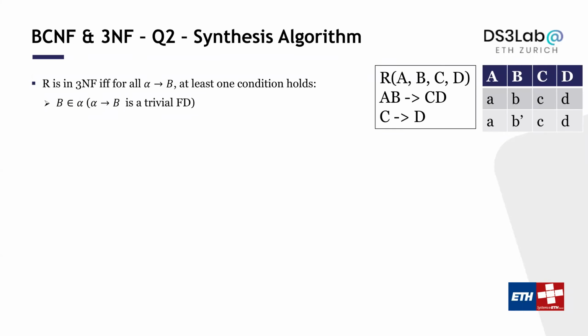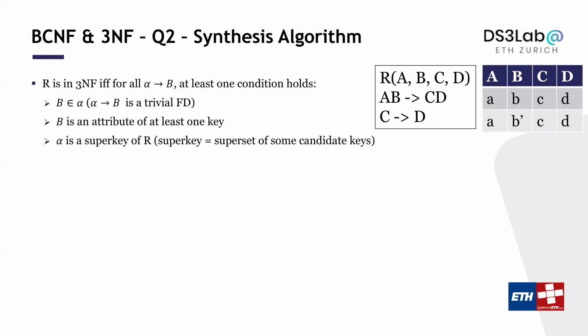Either it is trivial, meaning the right-hand side is a subset of the left-hand side, or the right-hand side is an attribute of at least one key, or the left-hand side is a super key. So you have one additional condition compared with BCNF.